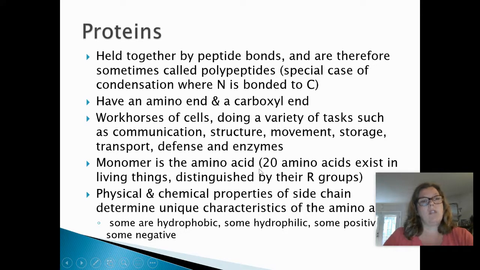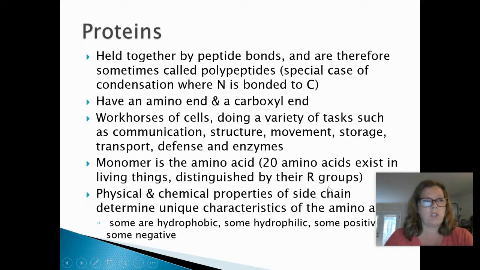So the monomer here is the amino acid, and there are 20 amino acids that exist in living things. There could theoretically be more than 20 amino acids, but our proteins only use 20 amino acids. So all proteins found in all living things use the same 20 amino acids. And you can distinguish the amino acids by their side chain or R group.